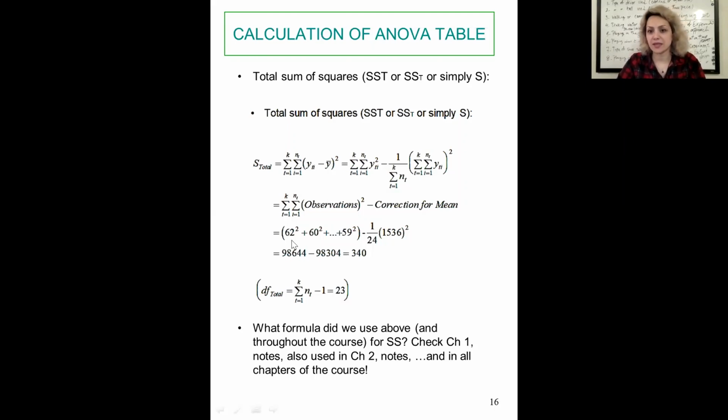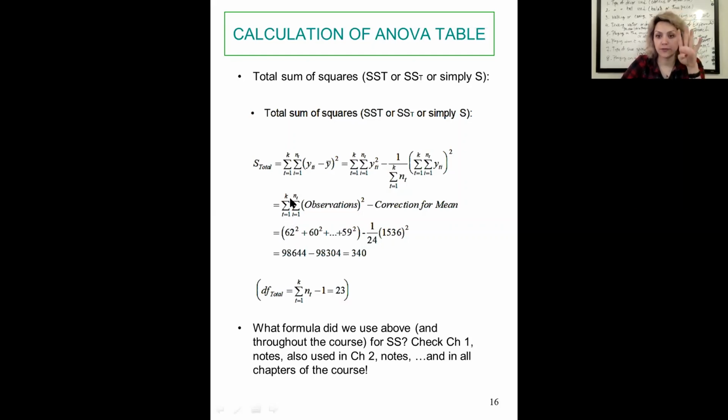Look at the example that we had: 62 squared plus 60 squared. All the individual observations, 24 of them, we would square them. And when you look at here, it's written treatment number 1 to K.